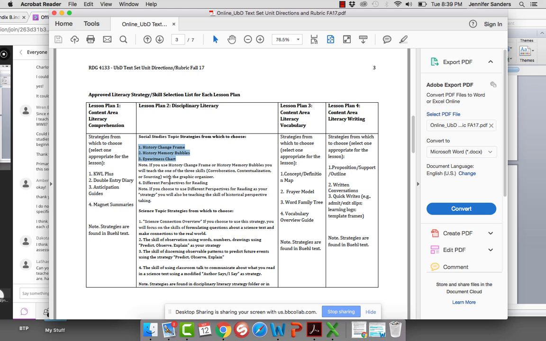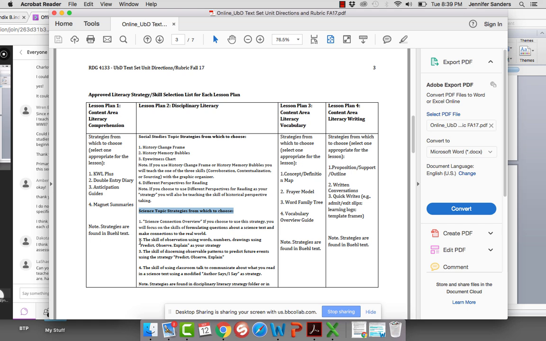If you're using the eyewitness chart, that's another skill. And then you have your different perspectives for reading. And that's another skill. And these I'll actually add a folder now that we've discussed into the module where you can pull from. Okay? So some of these come from Buell, some of these don't. And then you have a science topic.